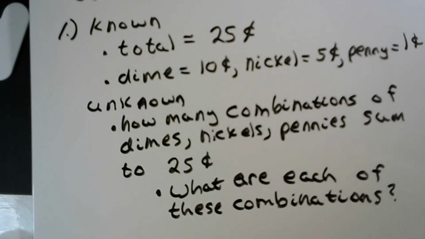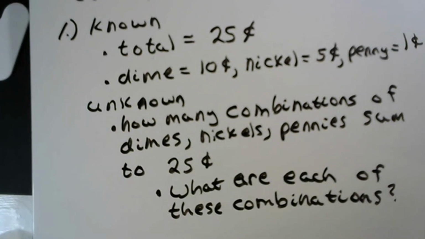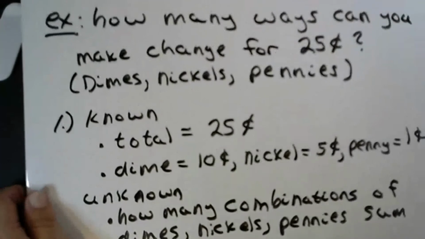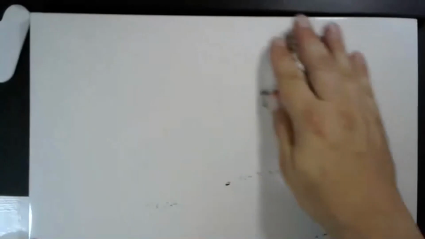What are each of these combinations? And so it's discovering what each of these individual combinations are that's going to help figure this out. So let's do that. And so one way to come up with these combinations is to do a chart.